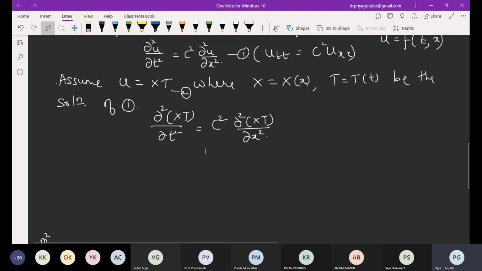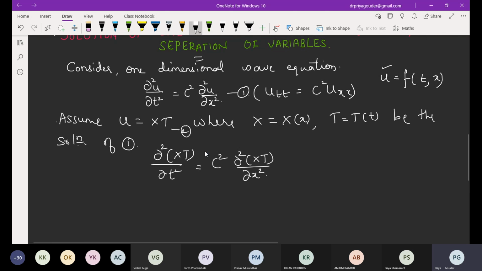Now what happens when you differentiate partially with respect to t? X comes out, and what remains is the derivative of T with respect to t.